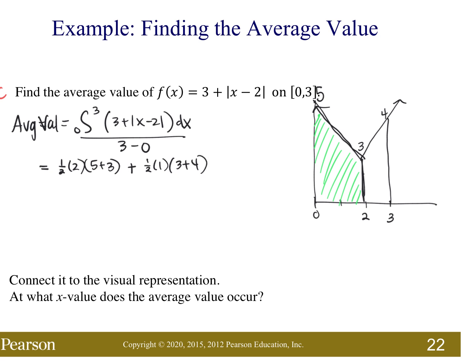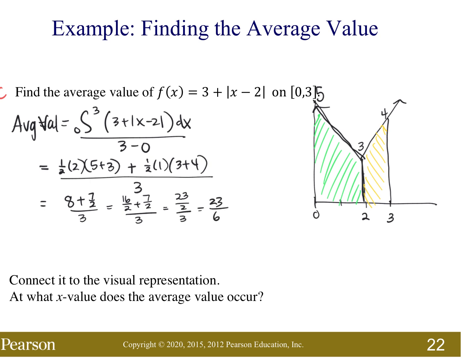We'll call that the yellow trapezoid, and it's all over the interval of 3. So then you do the math to figure that out. That'll be 8 plus 7 halves over 3. In other words, 16 halves plus 7 halves over 3. So 23 halves over 3, or 23 sixths.